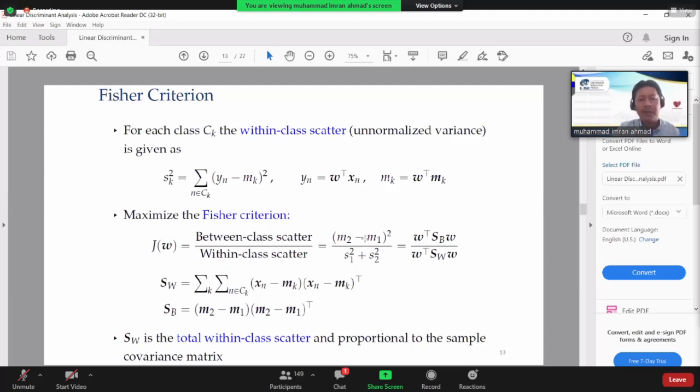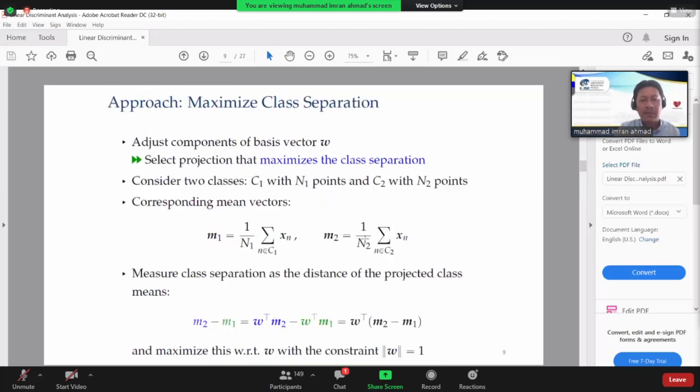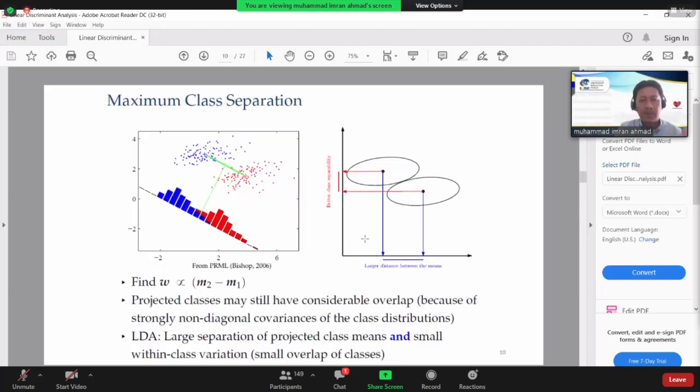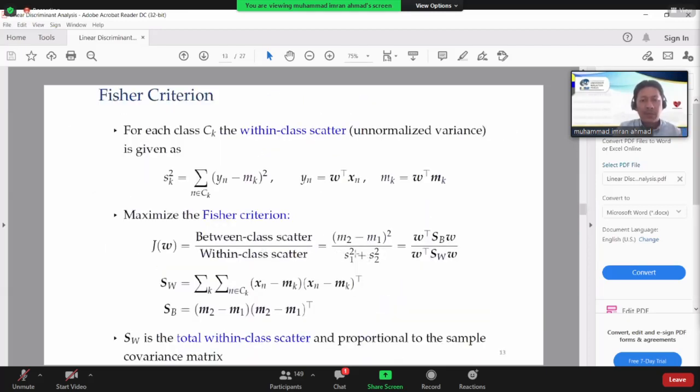Between class scatter is this that we calculated just now, and within class scatter is this one. So (M2 minus M1) to the power of 2 over scatter 1 plus scatter 2, like this. This one we substitute here. So we have W transpose SB W over W transpose SW W, where SB is the between class scatter matrix, SW is the within class scatter matrix, and W is our projection basis.